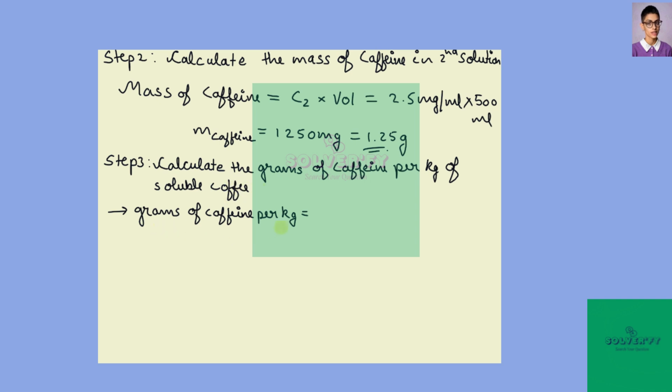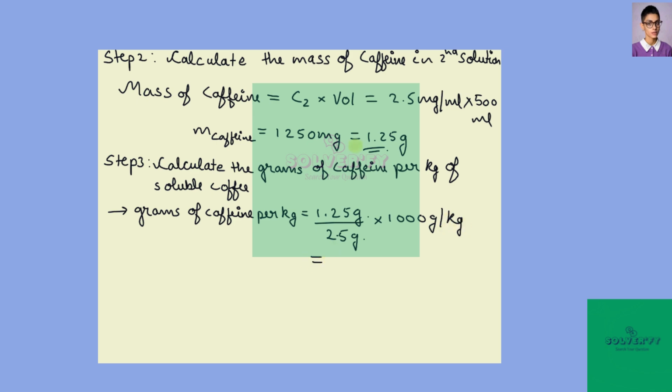So the grams of caffeine per kg is equal to 1.25 gram divided by 2.5 gram, which is the soluble coffee that was initially taken, multiplied by 1000 gram per kg.